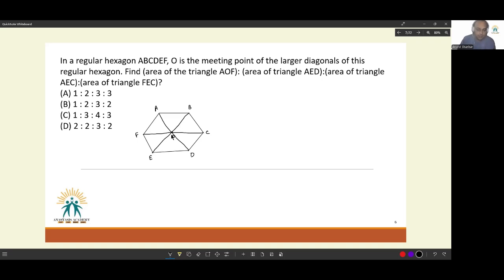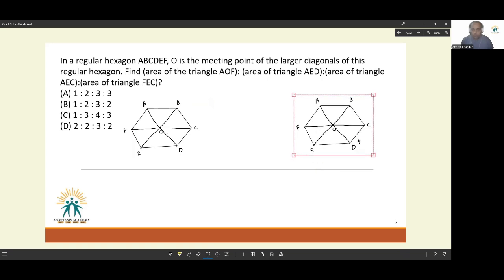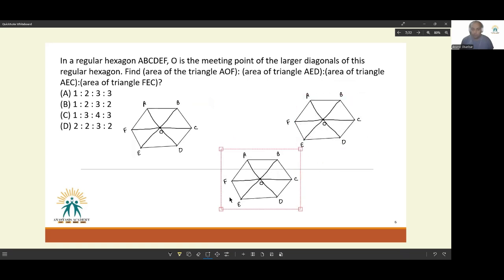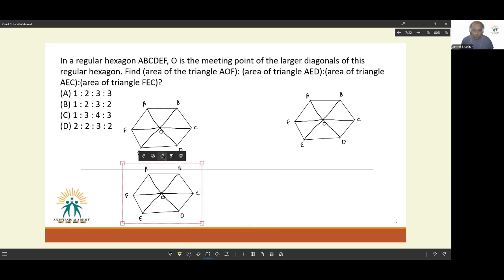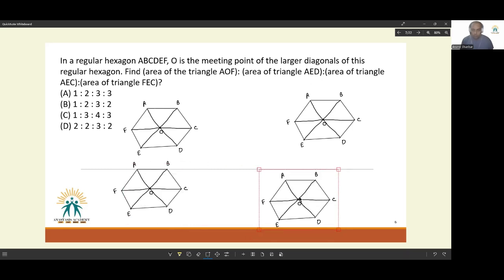Six equilateral triangles. Their top vertex is O. Okay. Now I can replicate it. One, two, three, four. Okay, 4 things I get. Okay. Now, first thing they've asked me is, these are 6 identical equilateral triangles that are meeting.